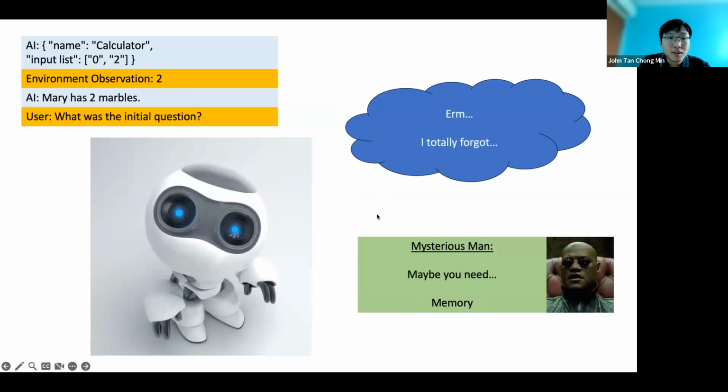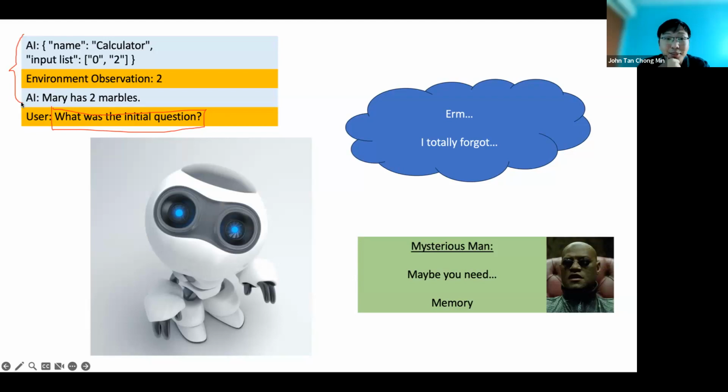But this is not all that is, okay, because what if we ask it something like this? What was the initial question? Right now our AI agent takes in the inputs and processes the input to the output, but it only maybe remembers the last few threads, and then it's like, oh, what was the question that you were asking me for?